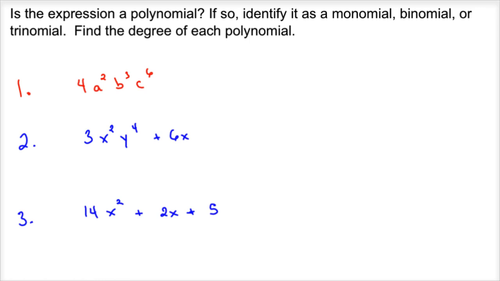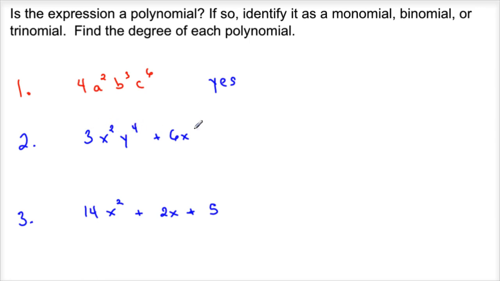Is this a polynomial? First off, in order to be a polynomial, your variables must have positive exponents. So 4a squared, b cubed, c to the sixth. All my variables have positive exponents, so yes, this is a polynomial. Our second problem, 3x squared y to the fourth.